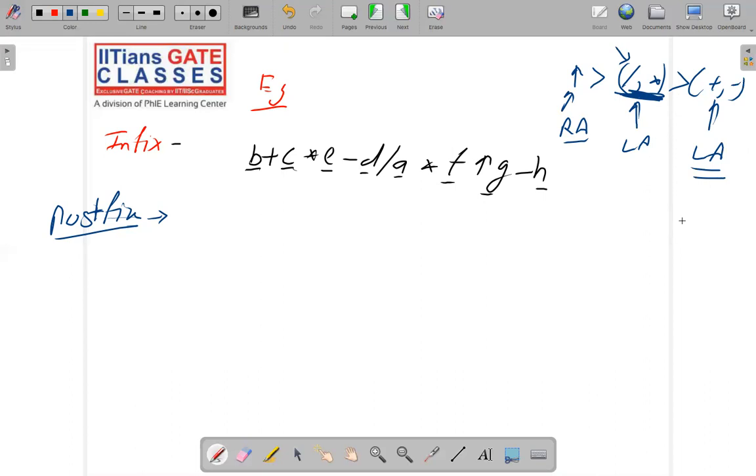So that we do not make any mistake in this very simple calculation. I will write the first operation that is going to be performed as per the precedence as well as associativity.